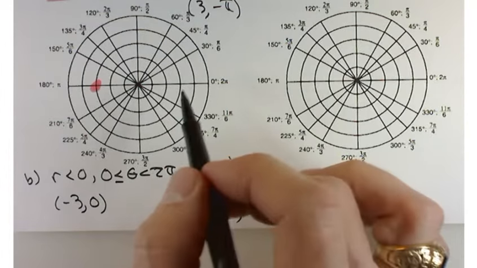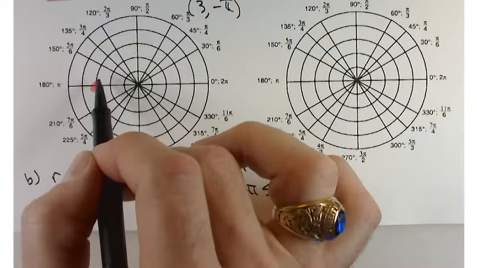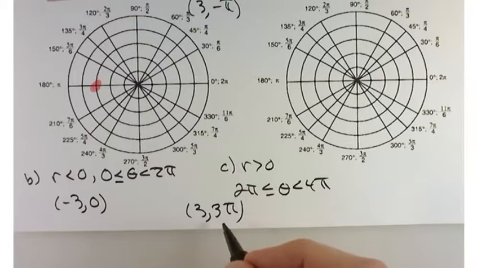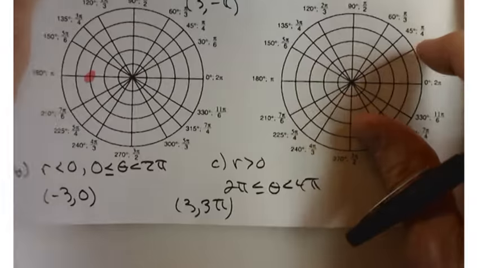But you have to go once around, which is 2 pi, and then another part, which is pi. 2 pi and pi gives you 3 pi. So that's the last one in here. Okay. Any questions on that one before we move on? All right. Not hitting the easy button on that one, that's for sure.